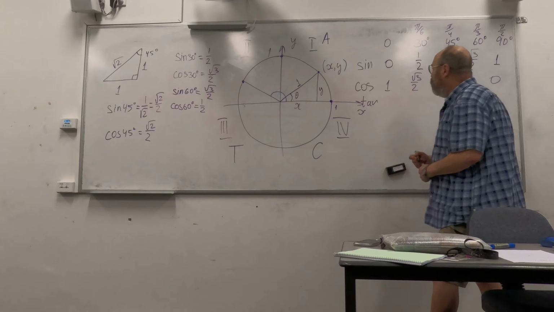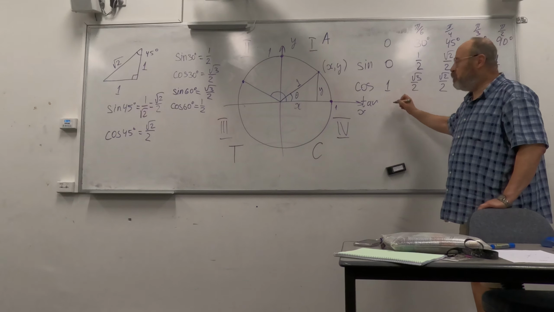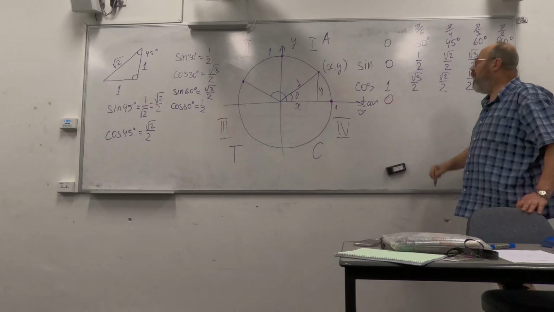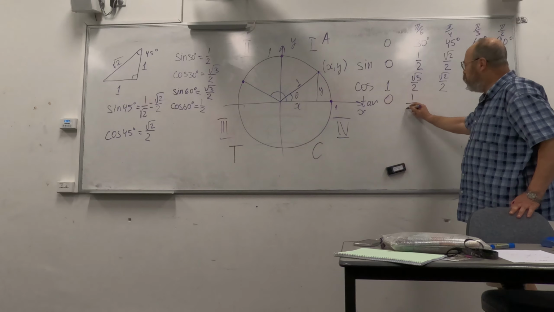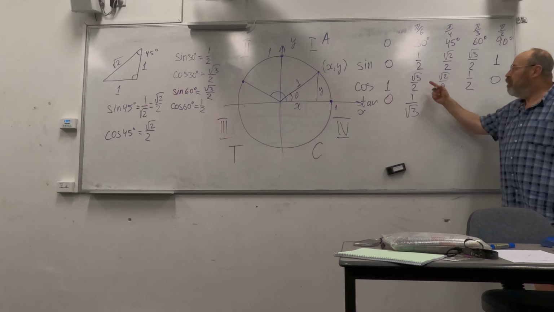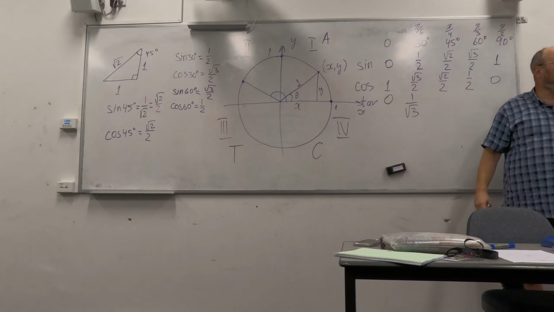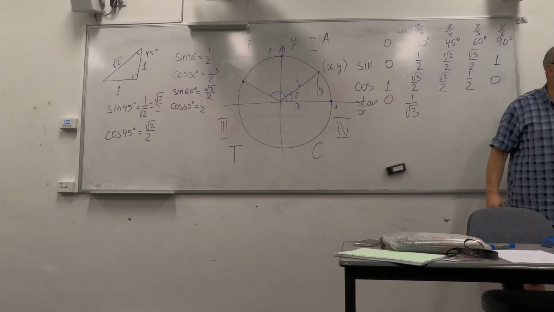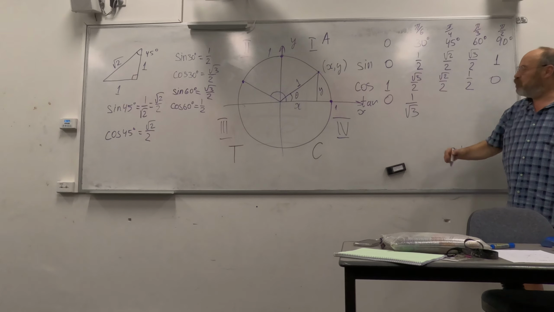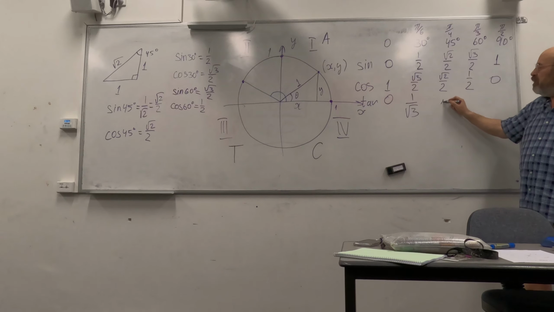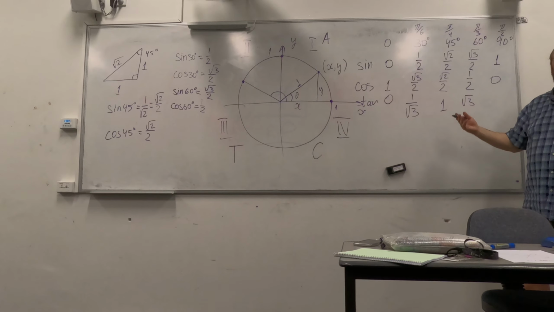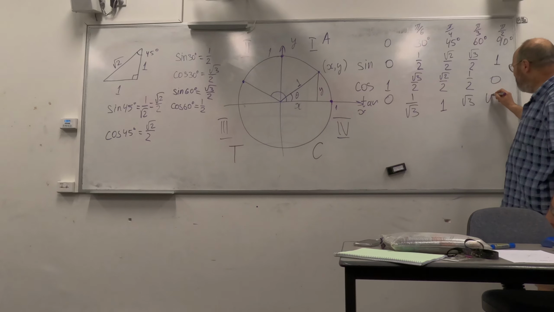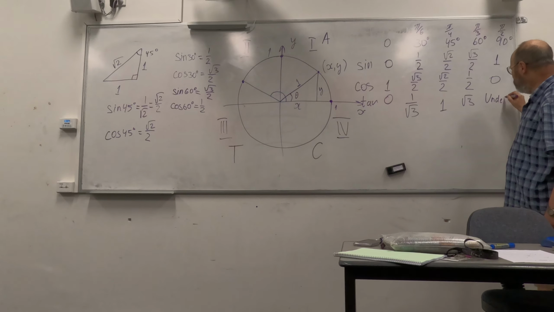Sine over cos. 0 over 1 is 0. 1/2 over root 3 on 2 is 1 over root 3. 1 over root 2 on 2 divided by root 2 on 2 is 1. Then root 3 on 2 divided by 1/2 is root 3. And at 90 degrees, it is undefined.